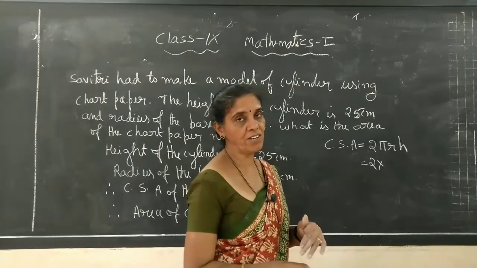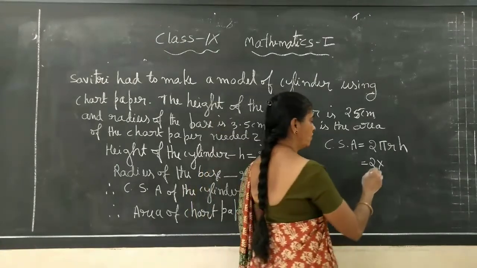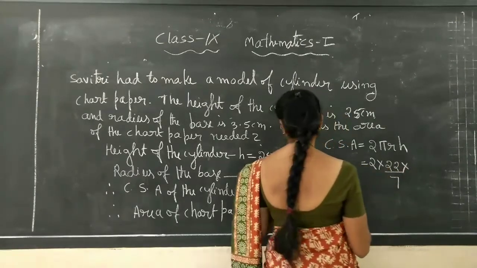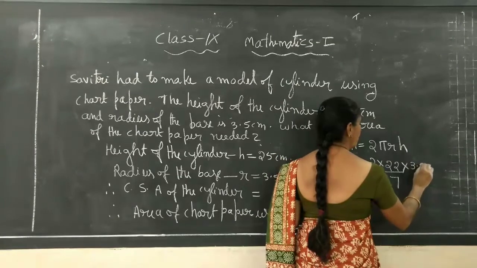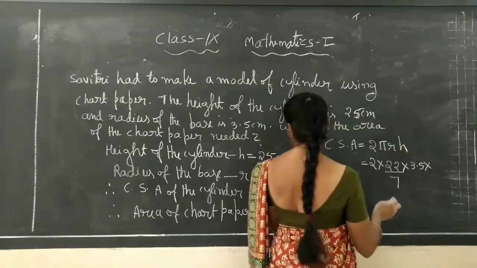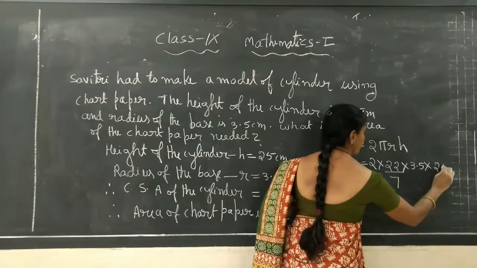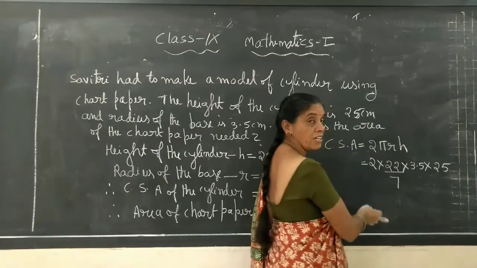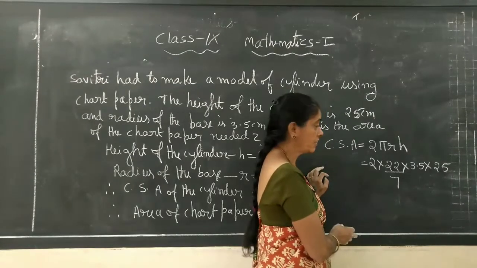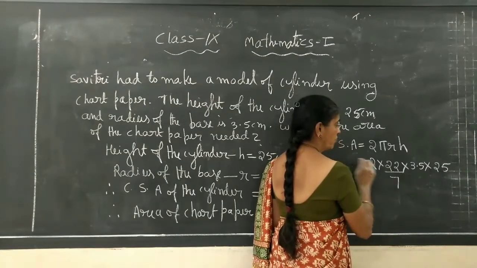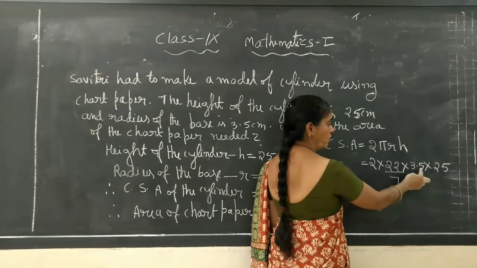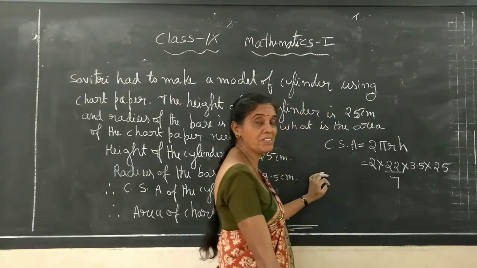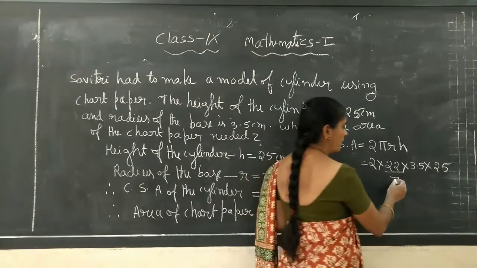I will take the fractional value: 22/7 into R value 3.5 into height 25. Now see, only one denominator is there. Can we divide it properly? Here 3.5 means 35, and 7 5s are 35, so we can divide.